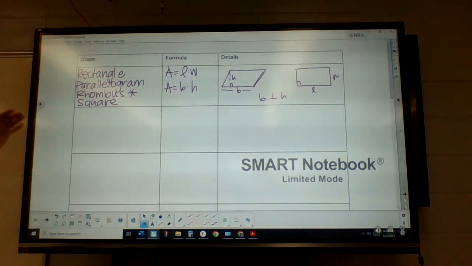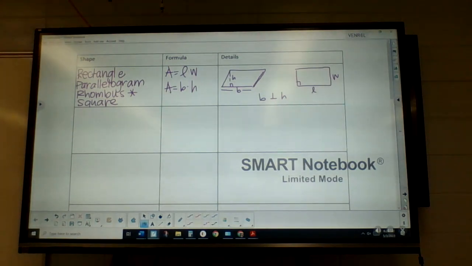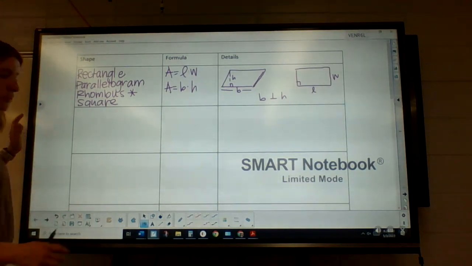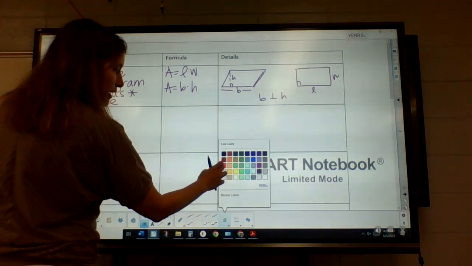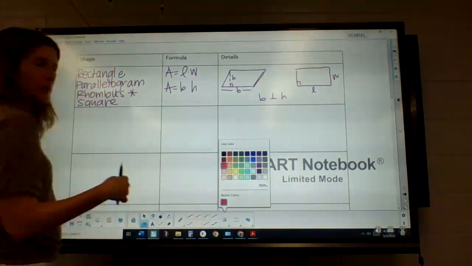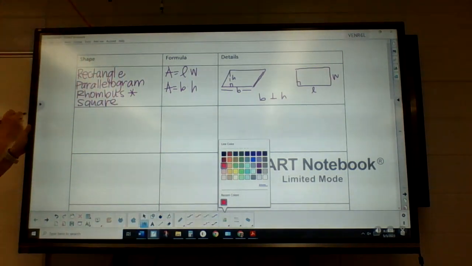Now, the next one's not going to be a formula, well, it is a formula, but it's not necessarily having to do with the area. We got into a lot of different information about right triangles. We realized we could use right triangles to help us define the area.